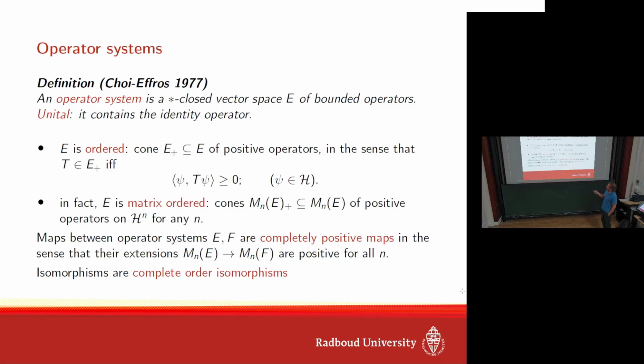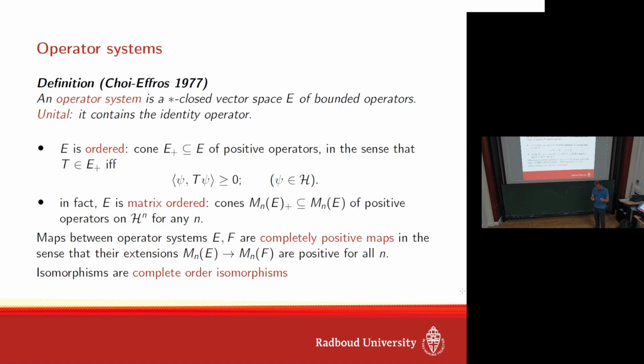And the structure that is relevant is that if you talk about operators, and in particular if you have the star around, then you can talk about positive operators. So there's a cone E plus of positive operators, where an operator is just positive if it's positive as an operator. There's this notion of a cone inside. And in fact, the structure that one should look at for operator systems is the matrix ordering.